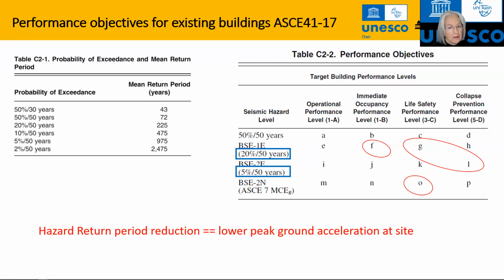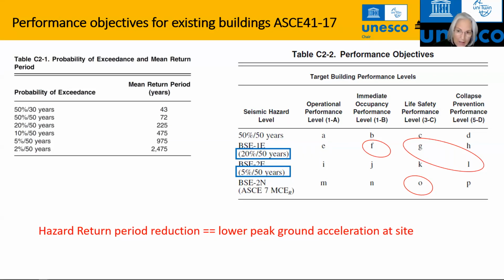This means that for an equivalent performance level, we are designing the strengthening for that performance level to be met at a lower acceleration value. So we are designing the strengthening for a lower level of hazard than would otherwise be expected for the equivalent structural design of an equivalent structure.